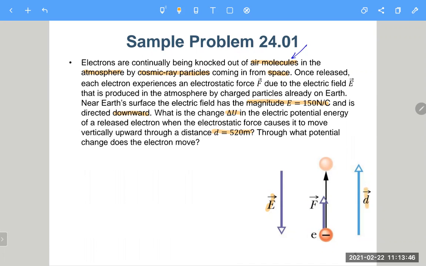So it actually moved upward. There's a force acting on it to make it move upward. So what is the potential change?